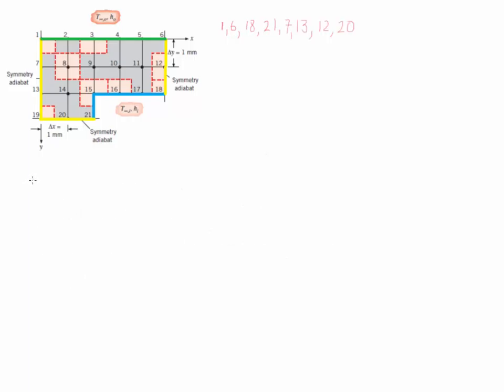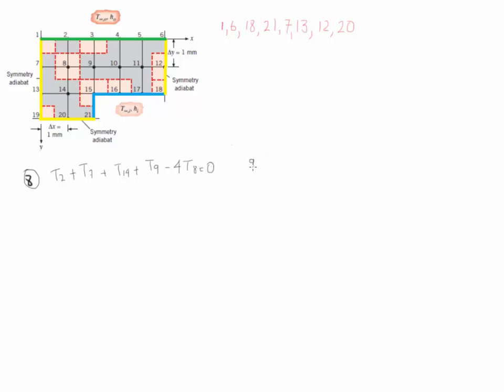The next set of nodes that we're going to derive are going to be the interior nodes. These nodes correspond to 8, 9, 10, 11, and 14. The equation should be, for 8, the surrounding nodes are going to be 2, 7, 9, and 14. Therefore, the equation becomes T2 plus T7 plus T14 plus T9 minus 4 times T8 is equal to 0.